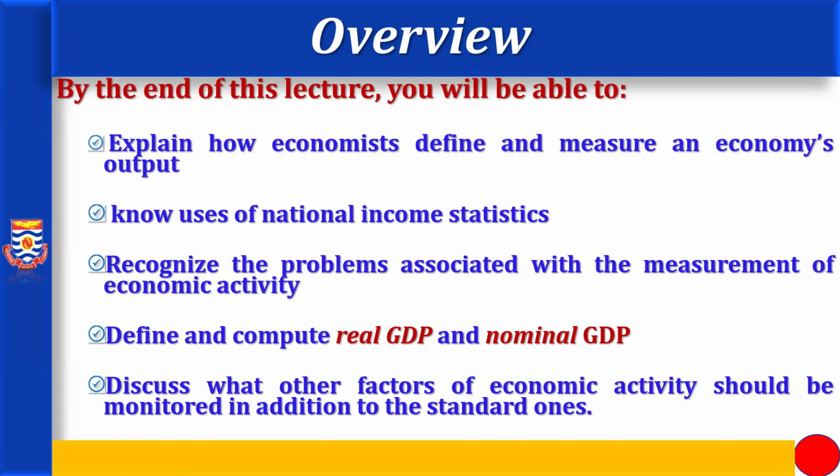We will know the problems that we encounter when we want to measure it. Then we would also learn the difference between real GDP and nominal GDP. Then we also discuss other factors of economic activity that should be monitored in addition to the standard ones, right?